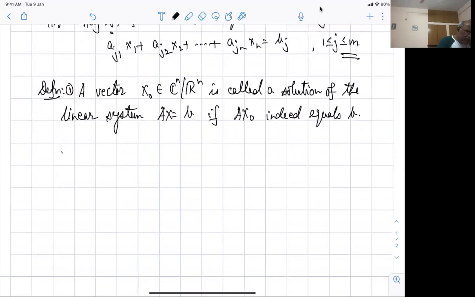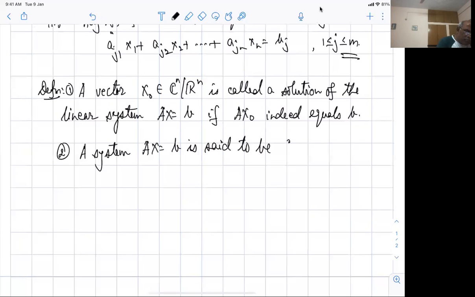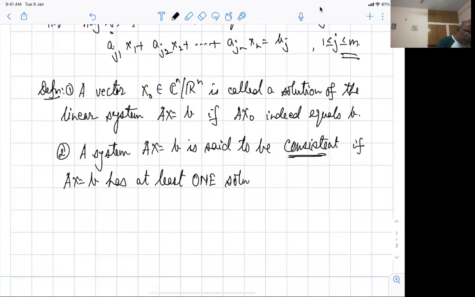Another definition that I would like you to know is that a system Ax = B is said to be consistent if Ax = B has at least one solution.